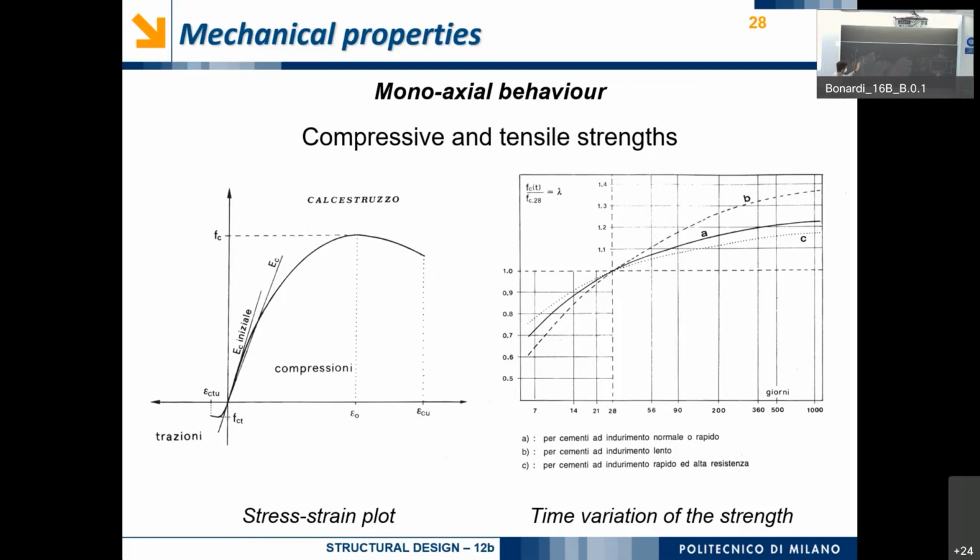This, the inclination of the slope of this curve, is the Young's modulus. In fact, we remember, I hope, that in the elastic case, which holds also for steel, but holds for generic behavior, the correlation between stress and strain is linear and is ruled by the value of the Young's modulus.